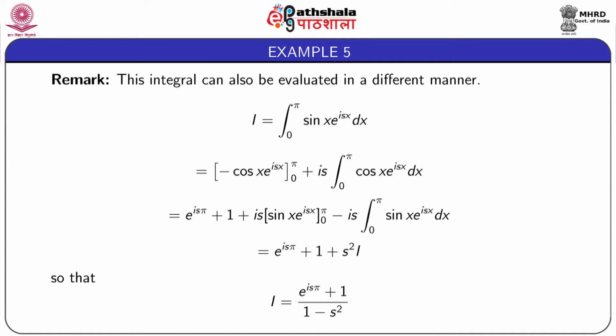This can be simplified again to obtain I equal to e to the power i s pi plus 1 plus s square I. So that I is equal to e to the power i s pi plus 1 divided by 1 minus s square. So, this is the Fourier transform of the given function.